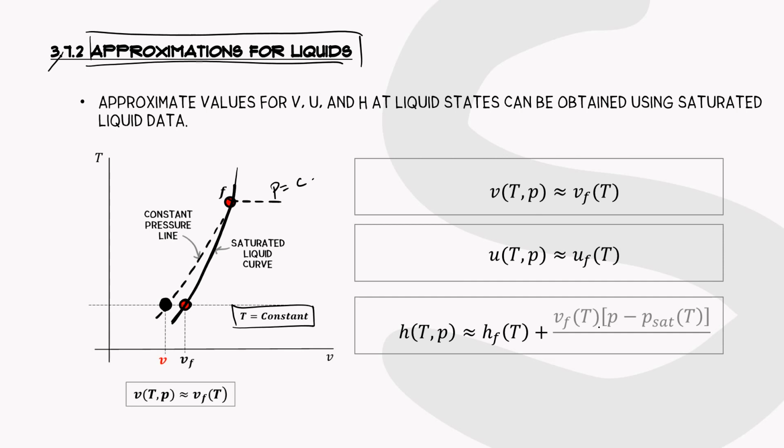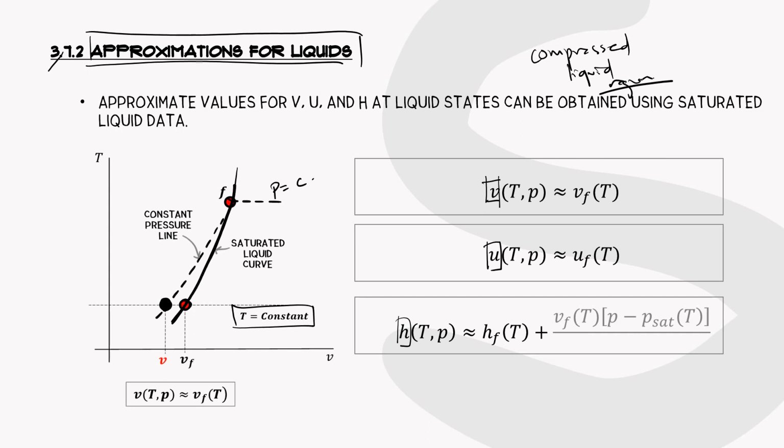Okay, so it's just an approximation. Again, for the properties that we want, let's say specific volume, internal energy or enthalpy, we can approximate this if we are in the compressed liquid region only.